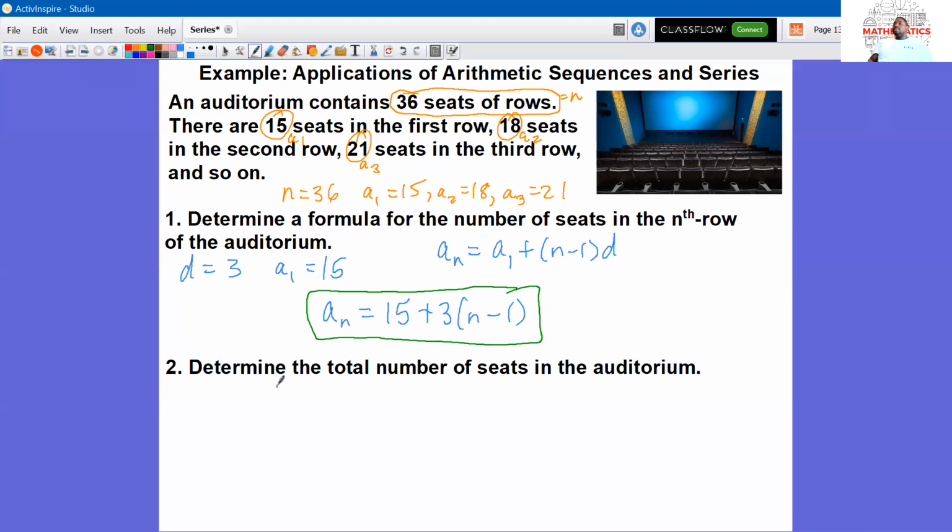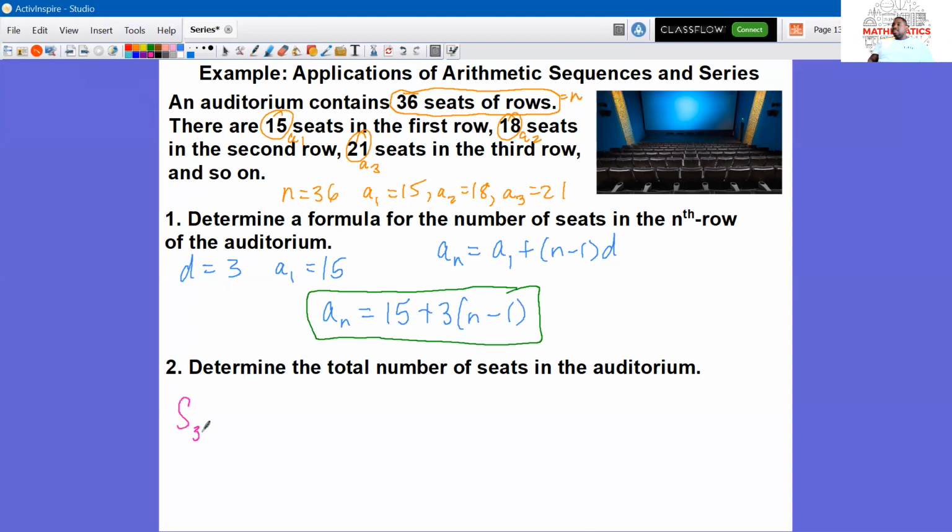Part 2 says determine the total number of seats in the auditorium. And so that will require us to find, you can use one or both formulas. You can find the 36th term and then use that formula with the first term, or you know the fact that A1 is 15 and d is 3, you can use the other formula as well. So we're looking for the sum of 36 rows. That's what we're asked to do.